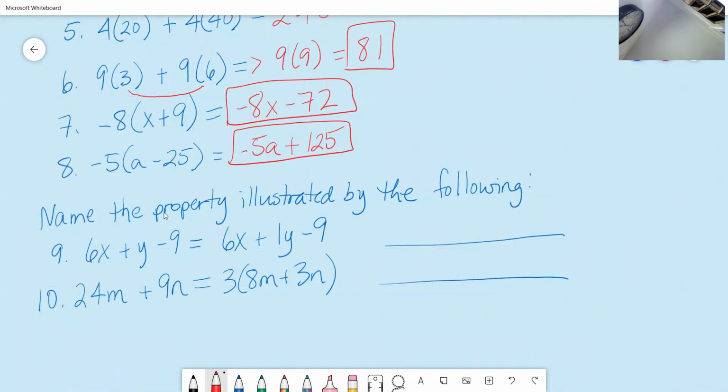Okay, so in number 9 and 10, again, we're just getting a refresher on our properties. If you look at number 9, you have 6x plus y minus 9 equals 6x plus 1y minus 9. So obviously this one has sort of an understood number in it. What you're seeing here is the identity property of multiplication.